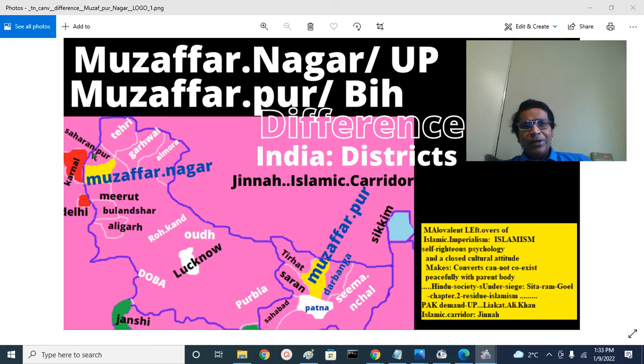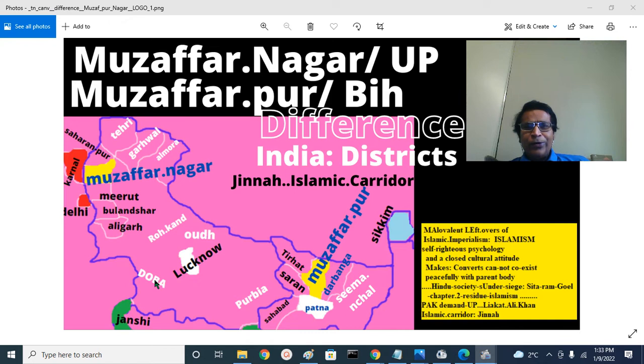Saharanpur district, this is the Yamuna river, and Muzaffarnagar district next to Saharanpur district. This is the Doab region, Ganga and Yamuna, the interflow between the two rivers. Meerut district, Bulandshahr, Ghaziabad, Aligarh and Agra, and so on.